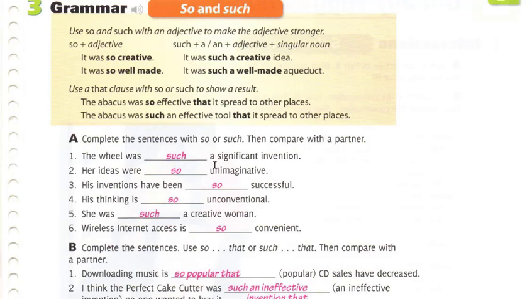Okay, so here the key word is auxiliary word a or an, which is used only for such. Such a, such a. With the use of the word so, we follow with an adjective.